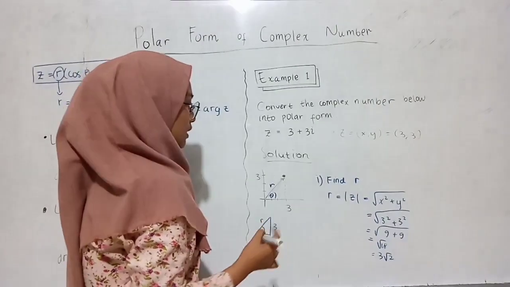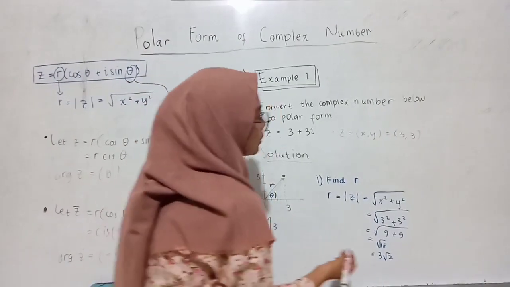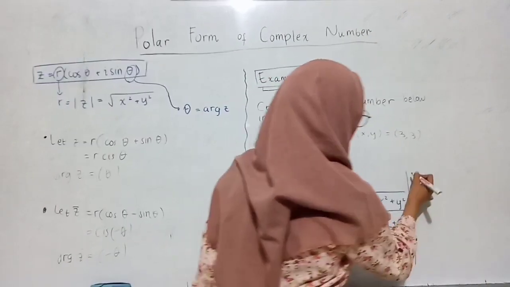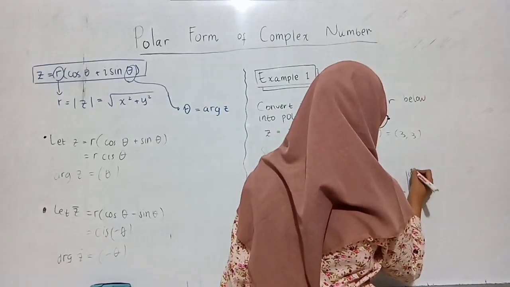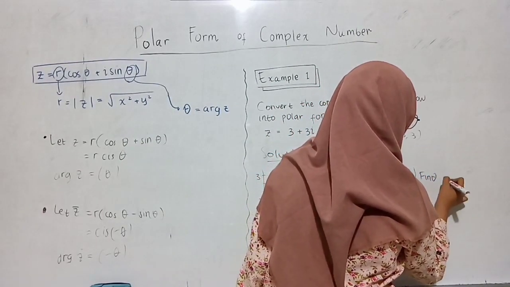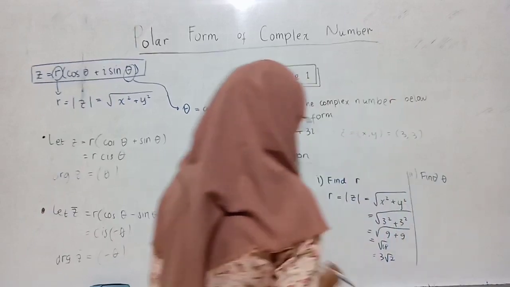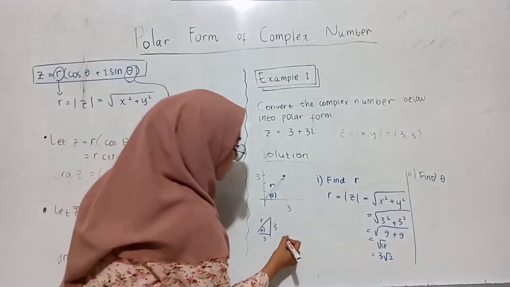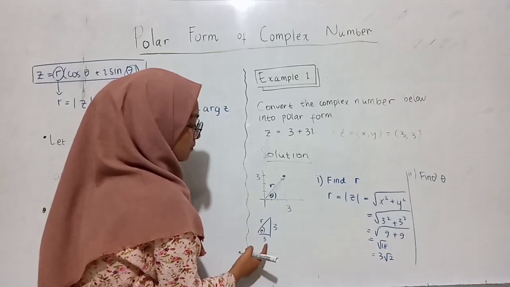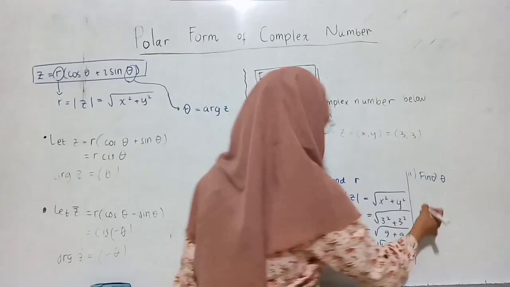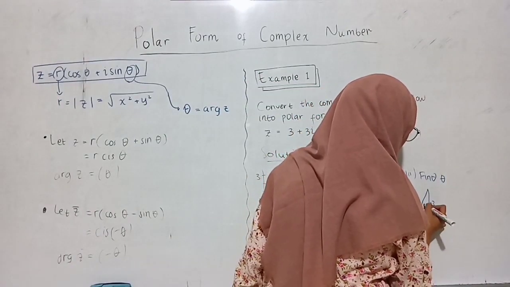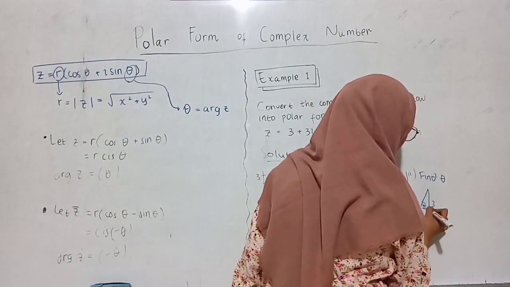The second step is to find theta. In this triangle, the sides 3 and 3 are next to theta.